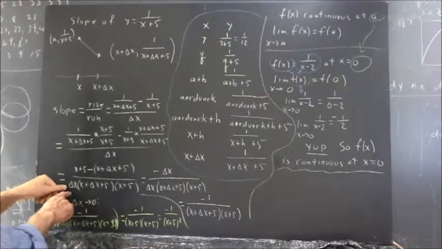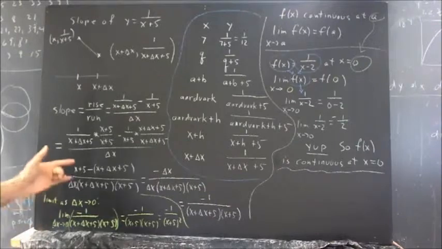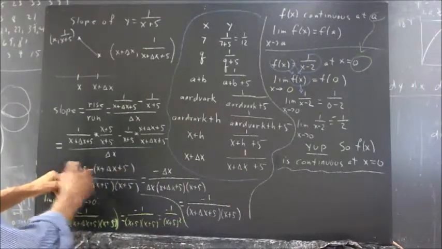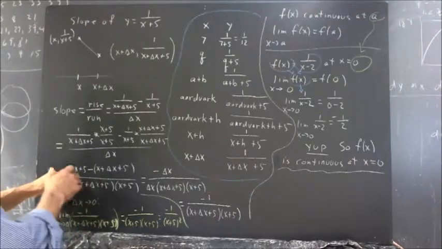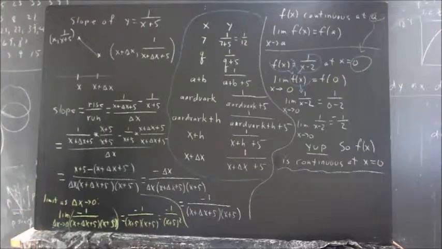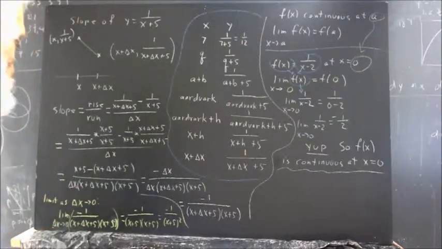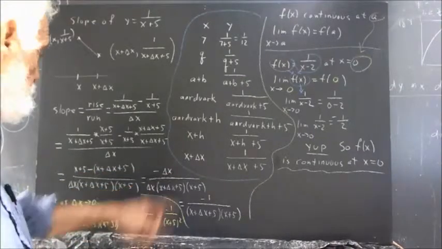Now, where does this delta x come from? Well, all this is divided by delta x, which means that this fraction would be multiplied by the reciprocal of delta x. Multiplying all this by the reciprocal of delta x, we get the delta x in the denominator. If we simplify the numerator, we just get negative delta x.